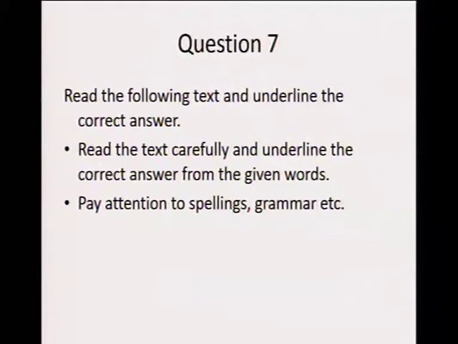So basically, you are going to be given a text with two options to choose from, and you just underline the correct answer. Please read carefully the text and underline the correct answer from the given words. Pay attention to spellings and grammar, because some spellings will be wrong, and maybe you need to correct a grammar here and there.